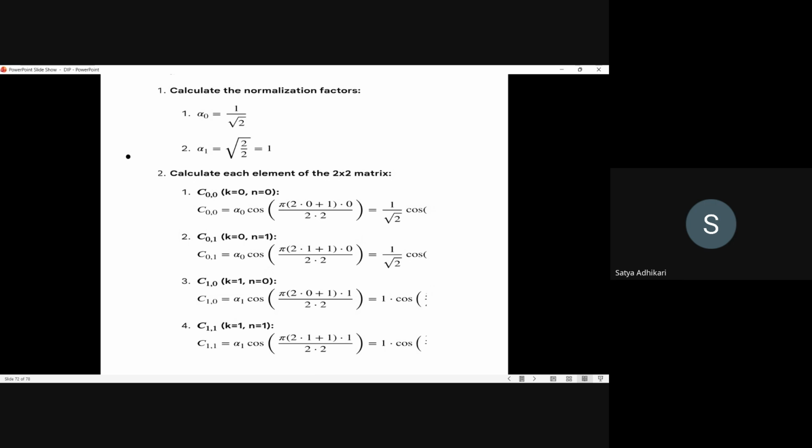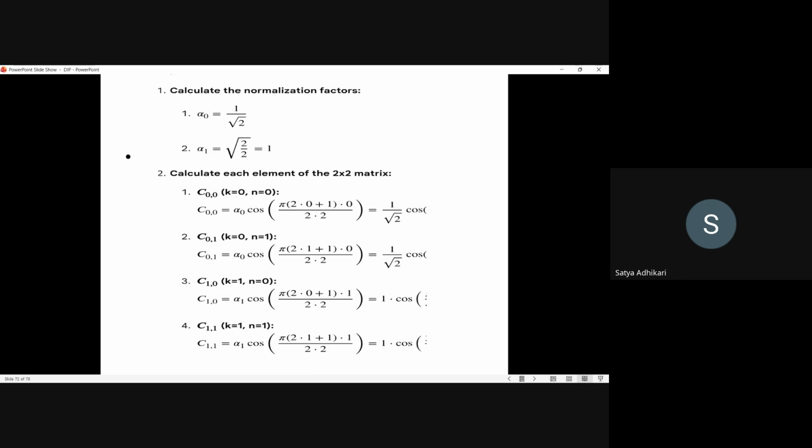That is cos pi by 4, whose value is 1 by root 2. The numerator gives pi into 2 into 0 plus 1, that is pi into 1, pi by 4. So cos pi by 4 is 1 by root 2. So 1 into 1 by root 2 is 1 by root 2. So the answer of the third one is 1 by root 2.